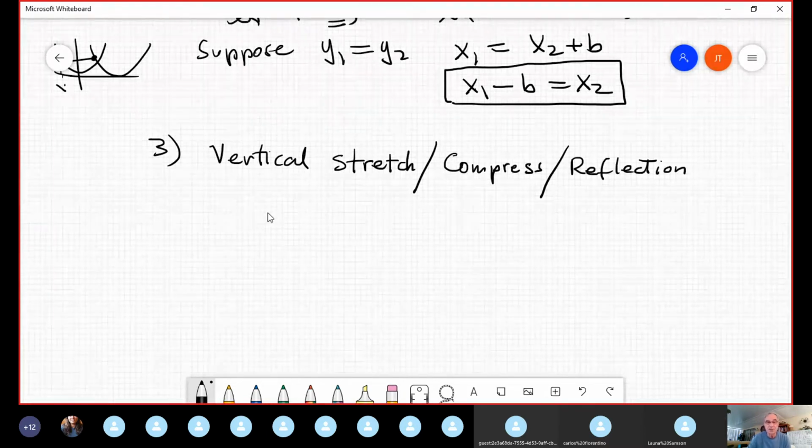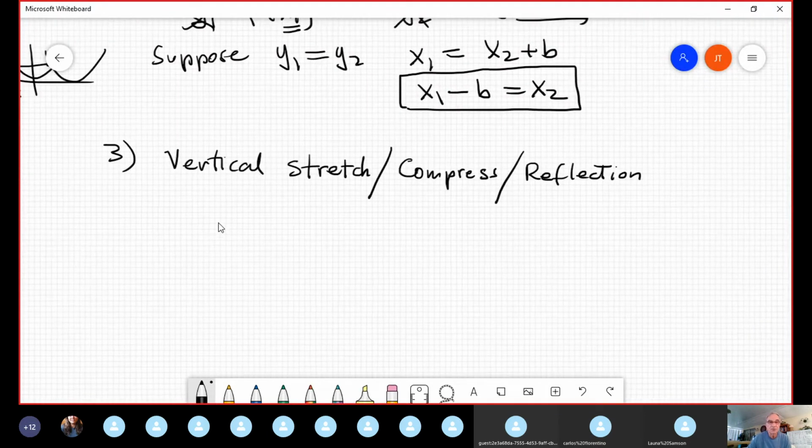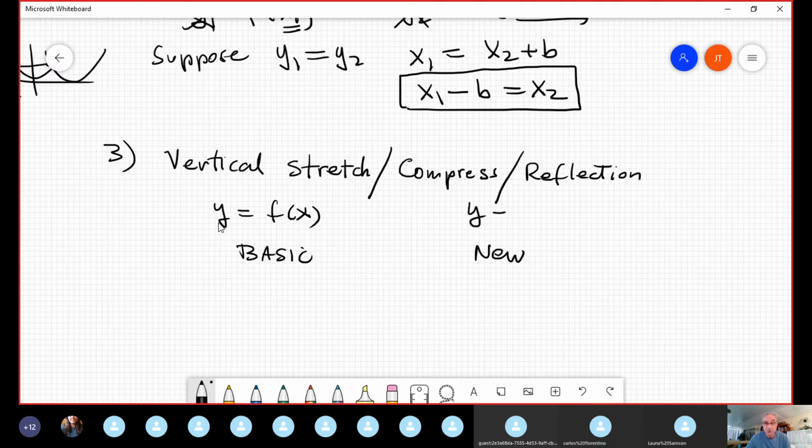And this is, for example, when you have a function, suppose y equals f of x, and you multiply this by one factor. Suppose this is the basic without transformation, and the new one after the transformation is y equals c multiplied by f of x. Example to understand this.